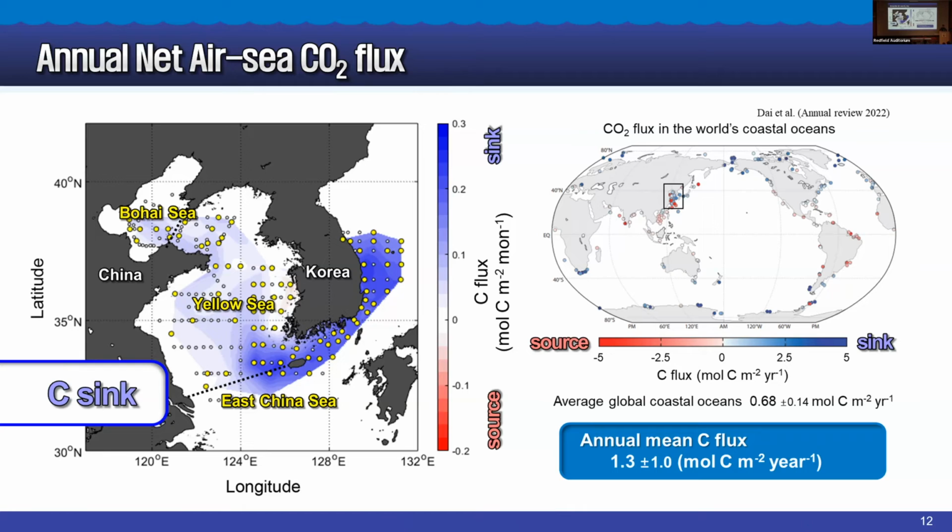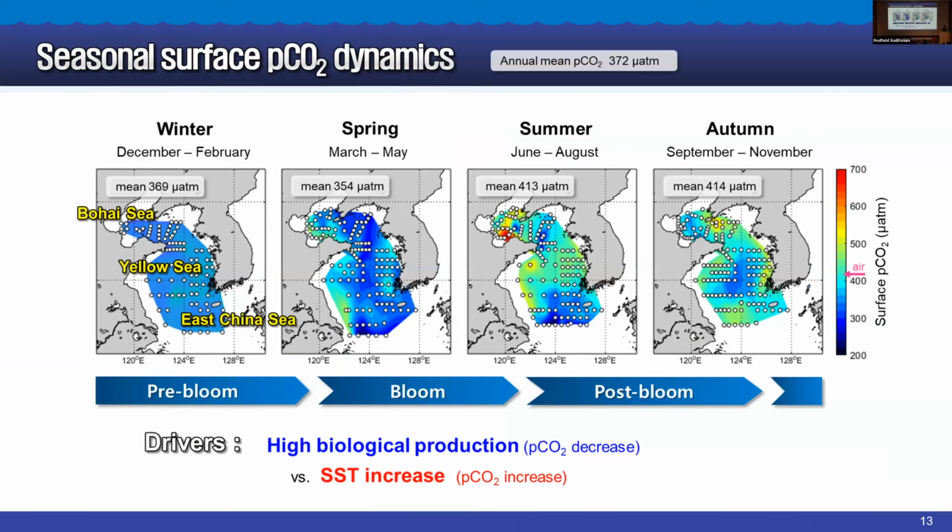But the status is quite diverse across the different parts of the coastal regions. I tried to identify the major factors which make the region a very strong to moderate sink of atmospheric CO2. We plotted seasonal surface pCO2 distribution from winter to autumn, and from pre-bloom to post-bloom.